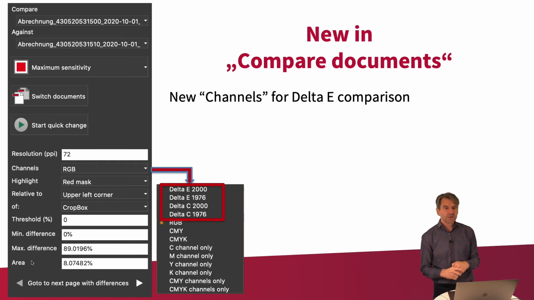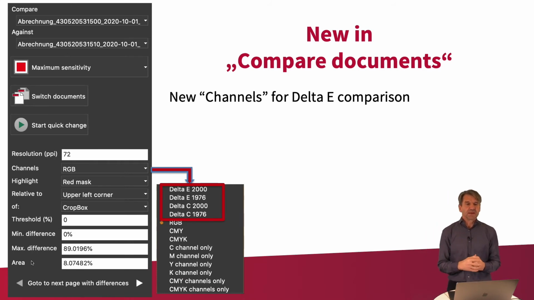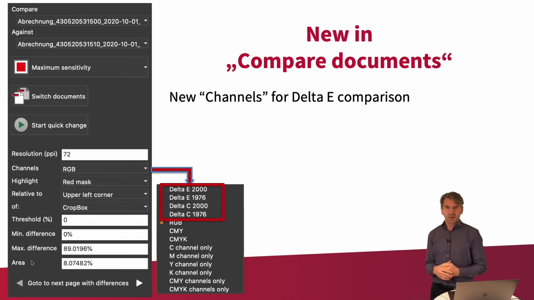And then somewhat hidden, we have here also the delta E capabilities. So under channels, it is possible, instead of doing an RGB or CMYK or whatever comparison, you could also do a comparison based on delta E values.